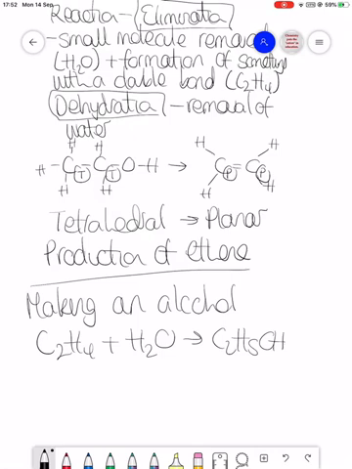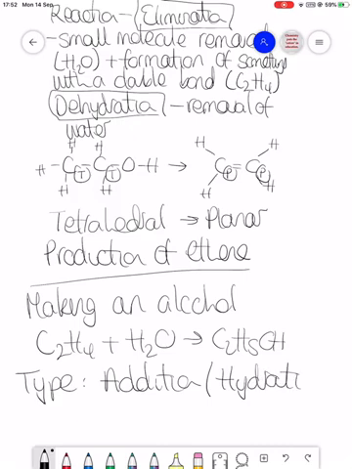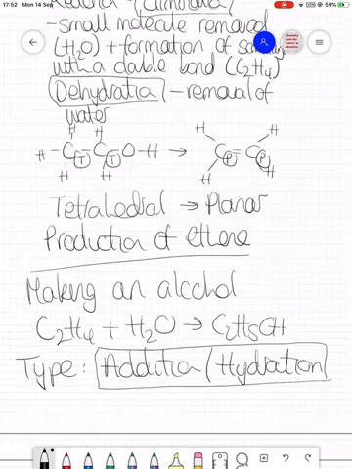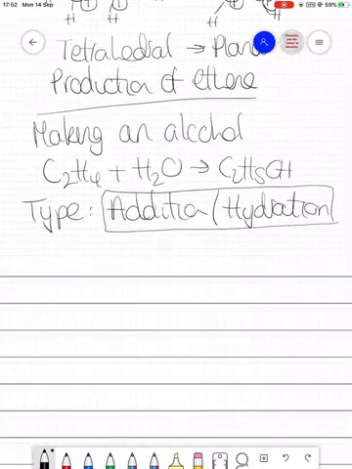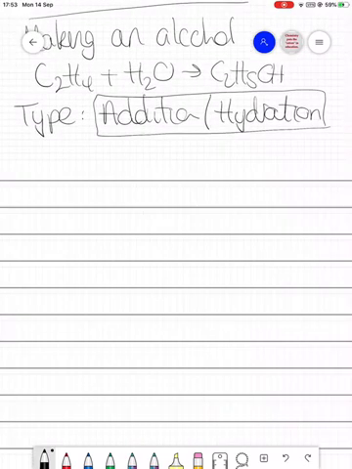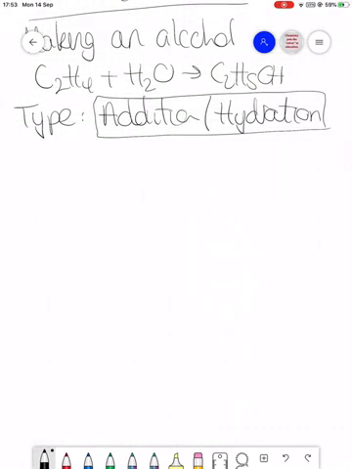So in terms of type of reaction, this is going to be an addition because we are adding two things together, or you can call it a hydration because you're adding water. So we've now done elimination, addition, hydration, and when we looked at haloalkanes, we made substitution.